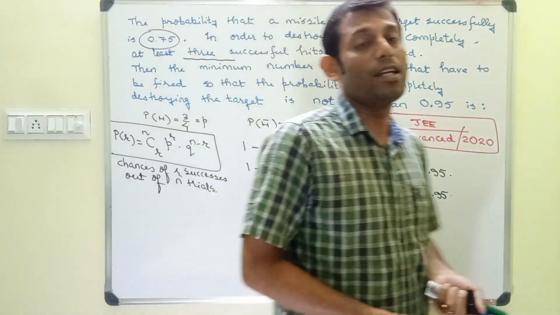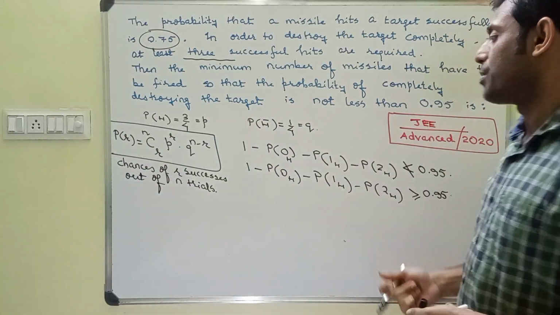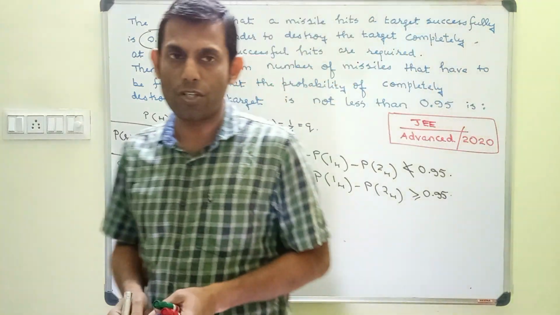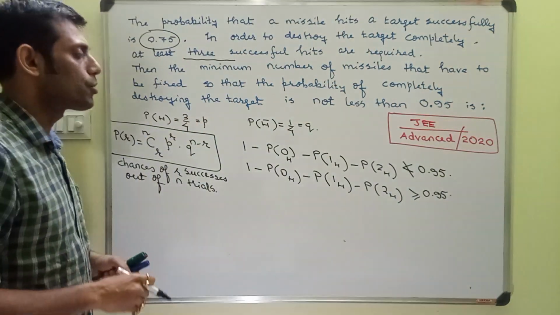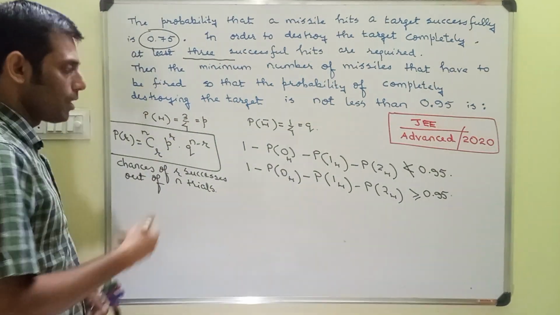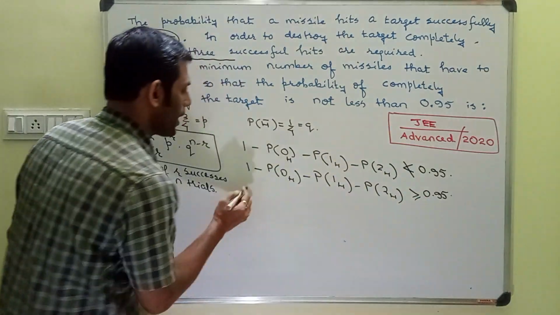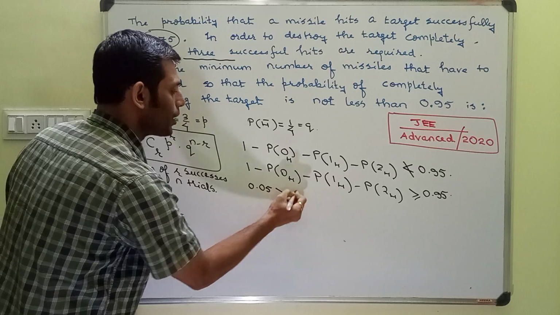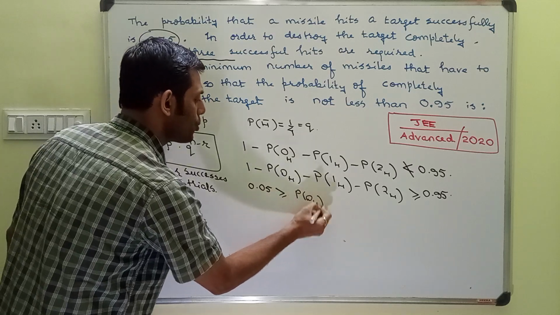Out of n missiles targeted, how many hit the target successfully should be minimum 3.